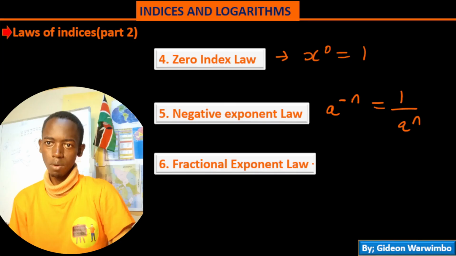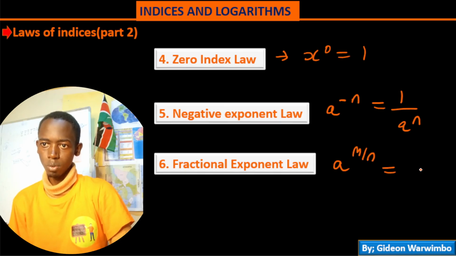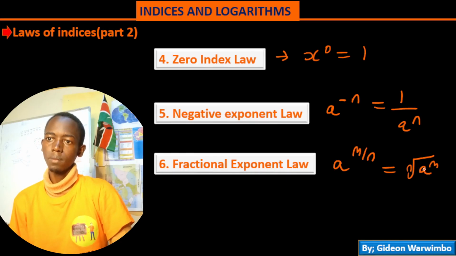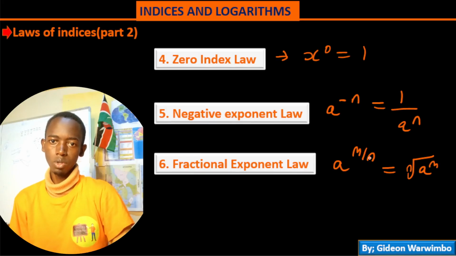And whenever you've got a to power m over n, that one will always be equivalent to a, you find the nth root of that, and then you power the value inside by m. So always remember that the numerator is what you have as the power, and the denominator is what you put as the root.